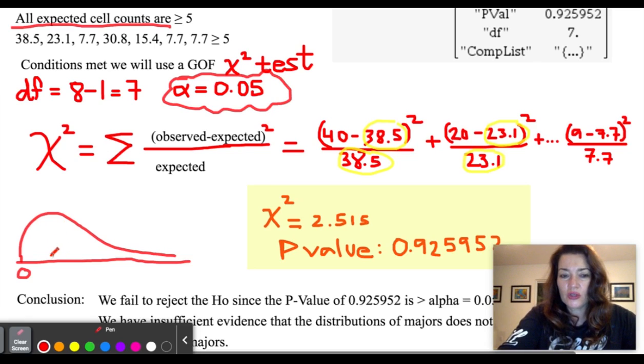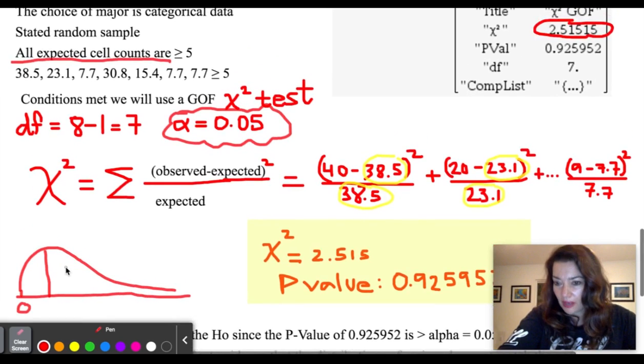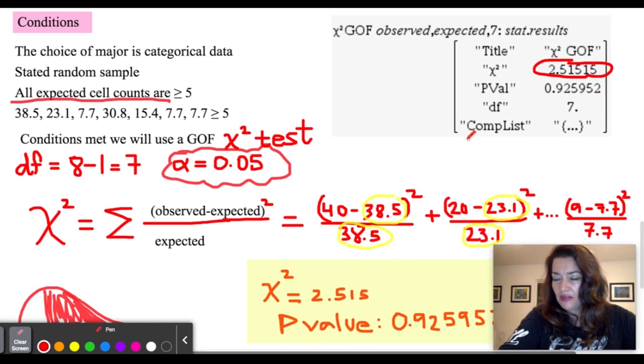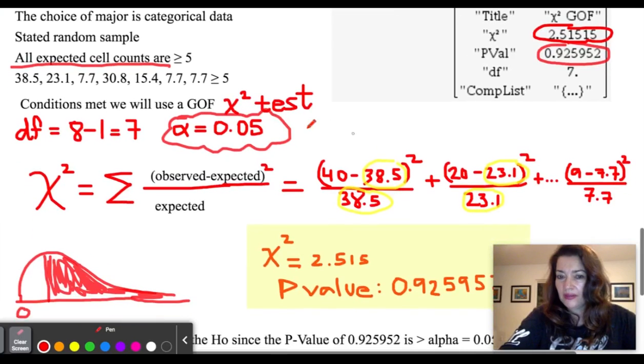In this case, 2.5 would be a little bit closer to 0, and therefore the area under the curve would be much greater than we would see in a normal curve. Now, you can see that our p-value is large. It's 0.925952. So it's a large p-value, and we're comparing to our significance level.